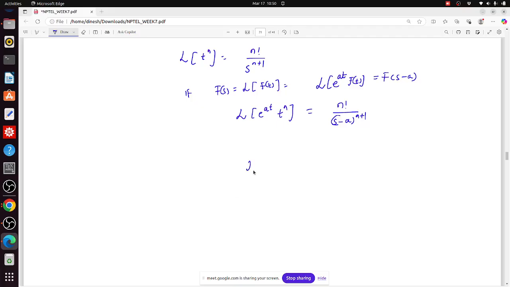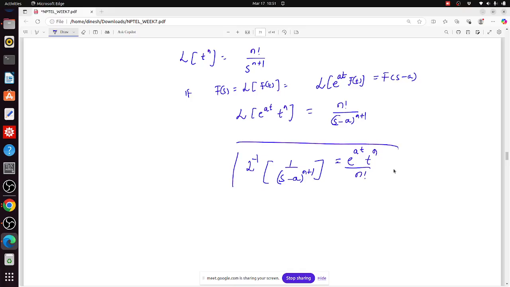So the inverse Laplace transform of 1 by (s minus a) to the power n plus 1 is equal to e to the power at into t to the power n by n factorial. By using this formula, we can find the inverse Laplace transform of 2 by (s plus 3) whole cube plus 1 by (s plus 3) whole 4.